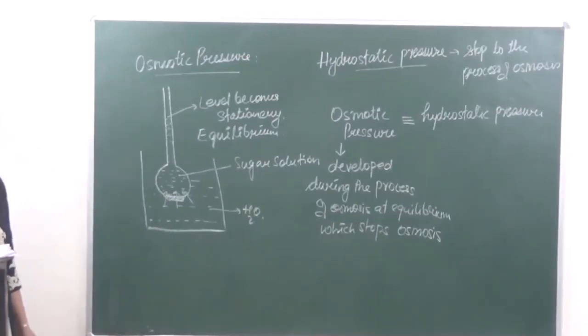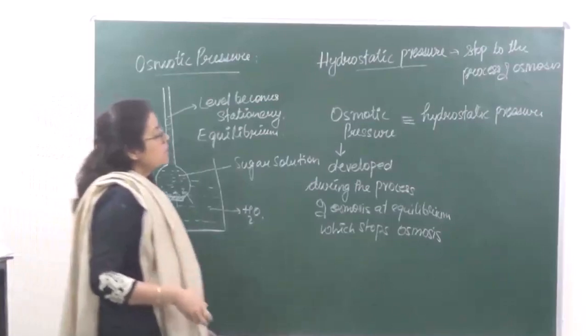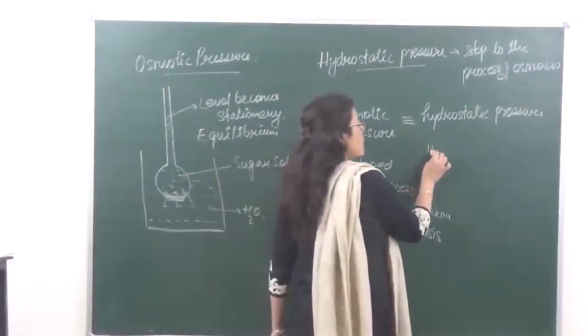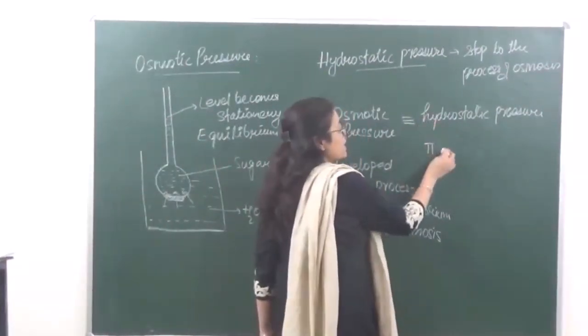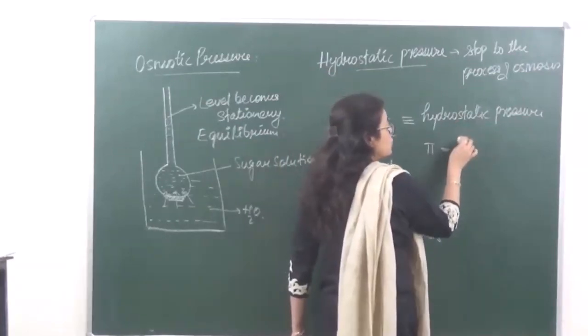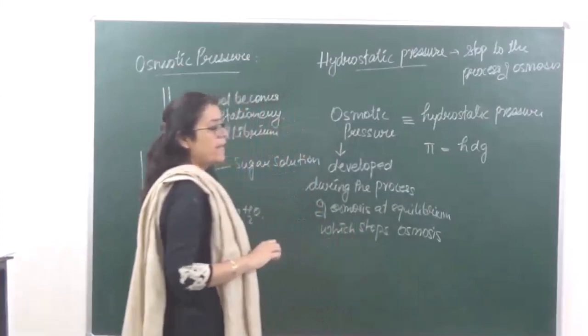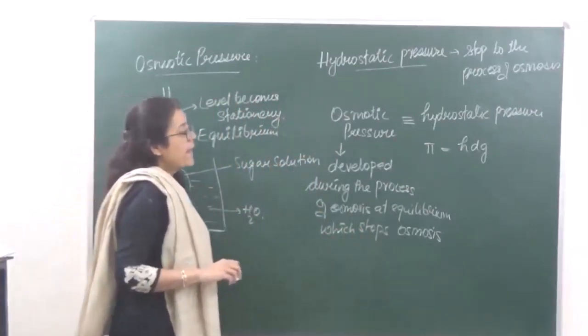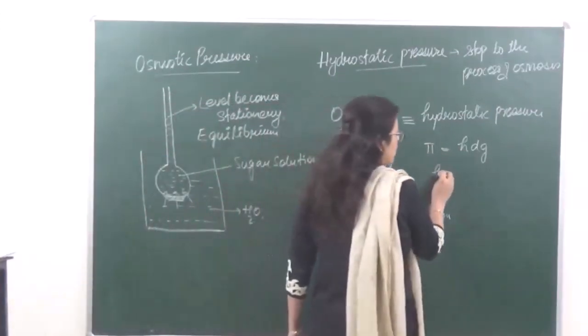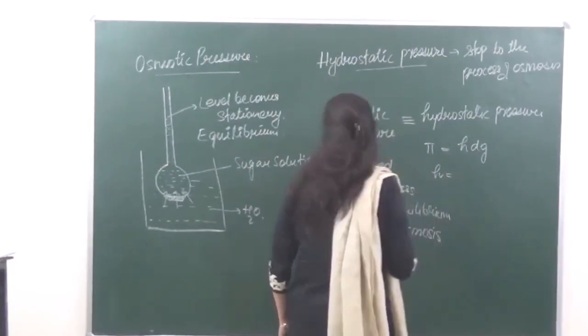Clear? So basically what are we saying over here? We are representing osmotic pressure by pi, and we are saying that it is equal to hydrostatic pressure. Mathematically, hydrostatic pressure is given by hdg, where h is equal to height of the level.